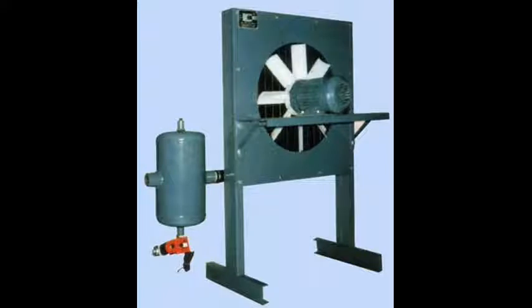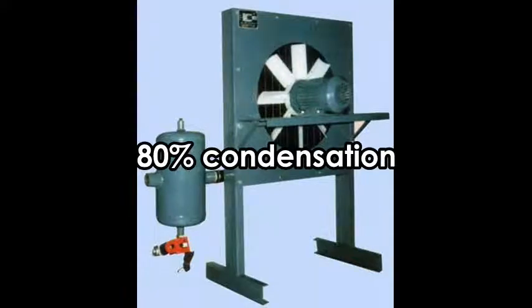Air-cooled aftercoolers. This type of aftercooler uses ambient air to cool the outlet compressed air from the compressor to a temperature of only 10 degrees Celsius higher than the ambient temperature. This cooling causes condensation of up to 80% of the moisture in the compressed air.